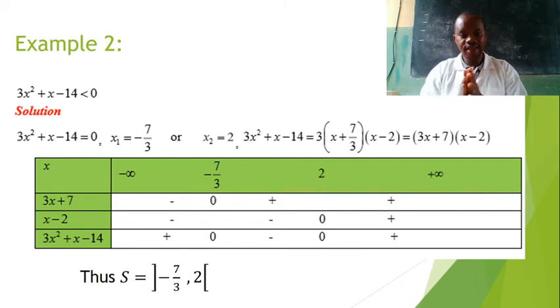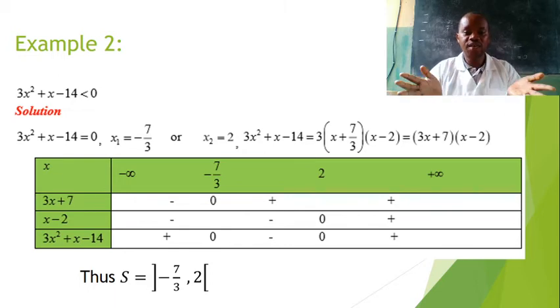And next, we are going to put the signs. We do the same. For the signs of 3x plus 7, we choose any number between minus infinity and minus 7 over 3 excluded.